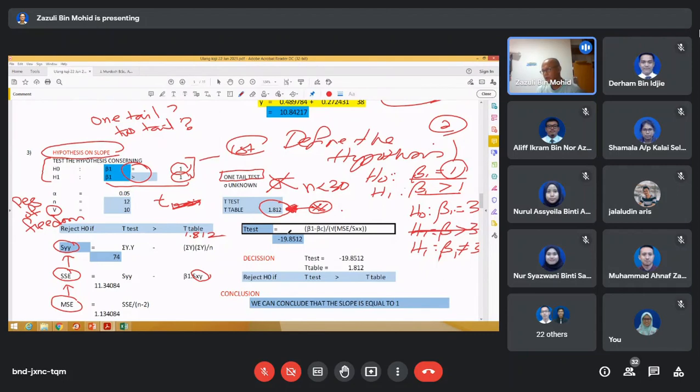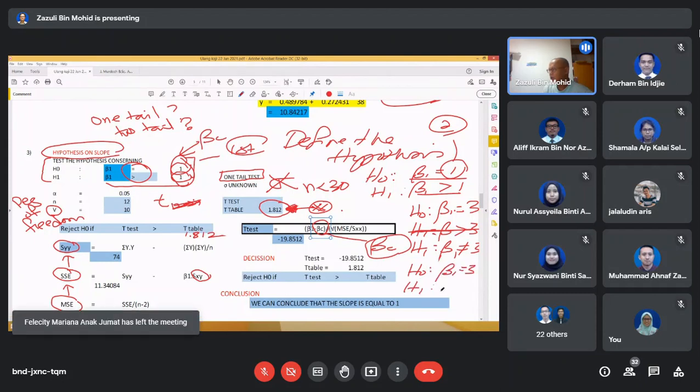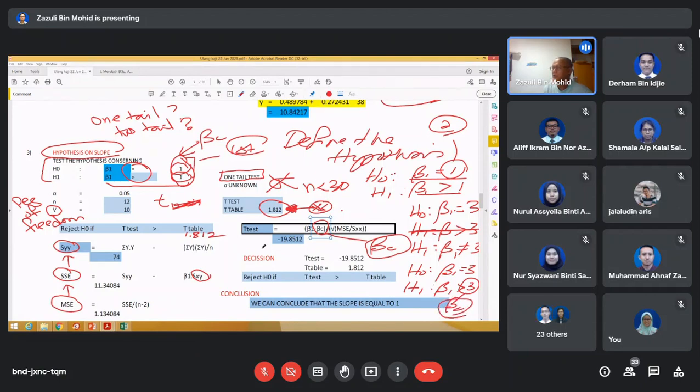This is the value, the test calculation. The beta C here is referred to this value. If the exam question is like this, H0 beta 1 equal 3, H1 beta 1 larger than 3, that means the beta C is 3 here.